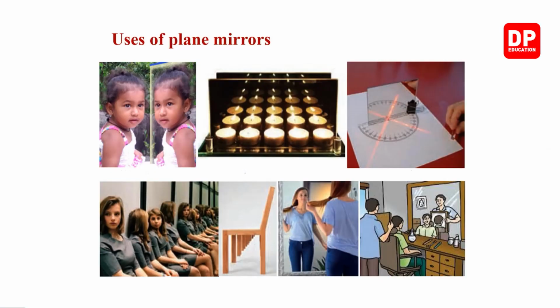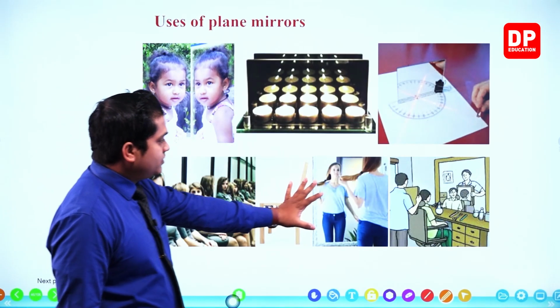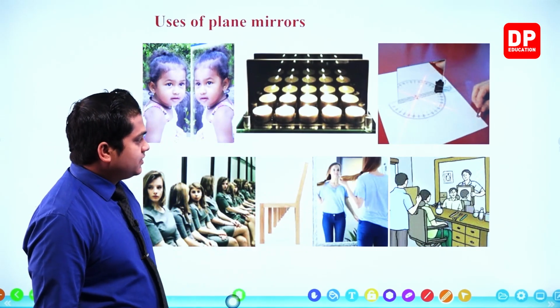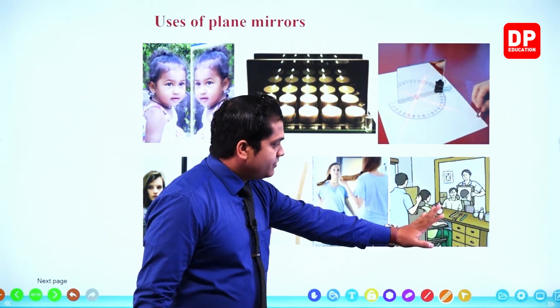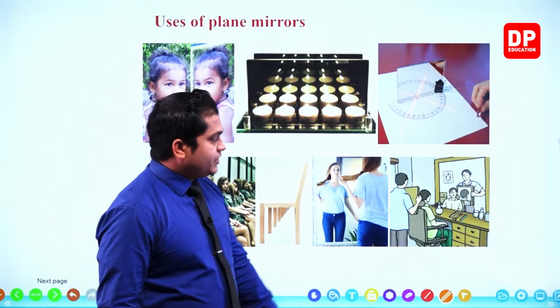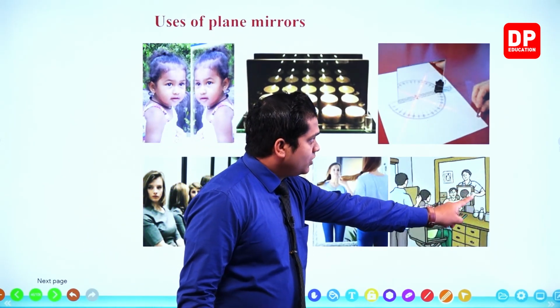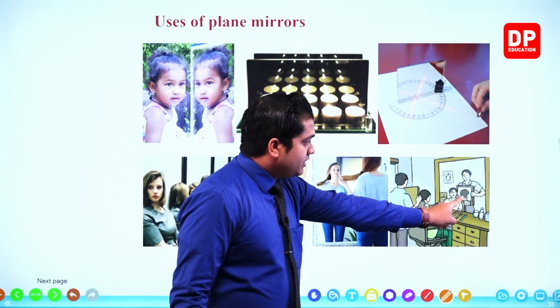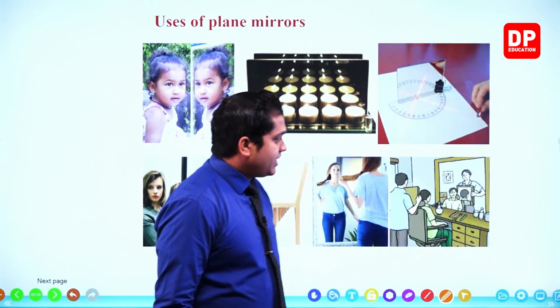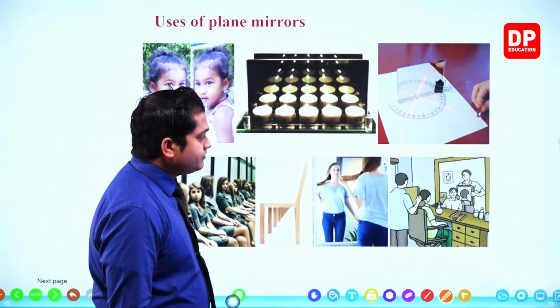Okay, so as you can see, several figures are given here, right? As looking glasses, see, here also looking glasses, and here also you can observe to get a clear image of the back side of your head. As you can see within the image now, you can clearly see the back side of the head of this person.